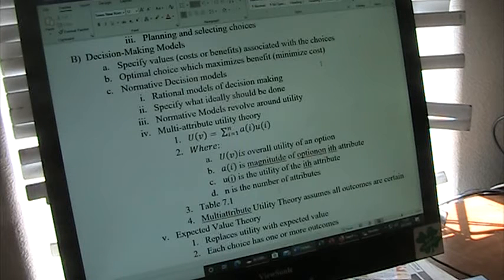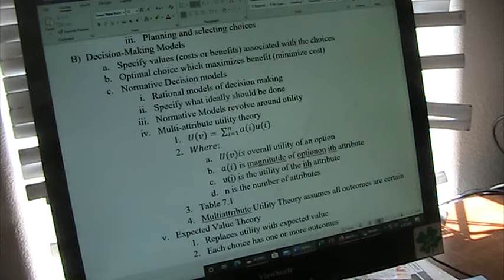All right, well, the first thing we have in that regard is what are called normative decision models. In other words, they are rational models of how we should make a decision. They should specify what ideally should be done, and normative models are all about utility. In other words, maximizing the benefit or minimizing the cost.